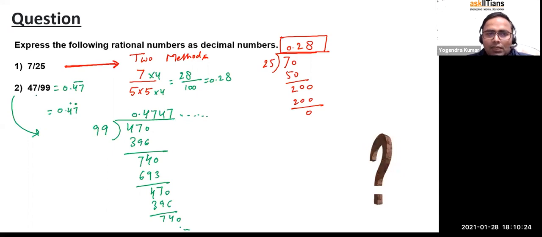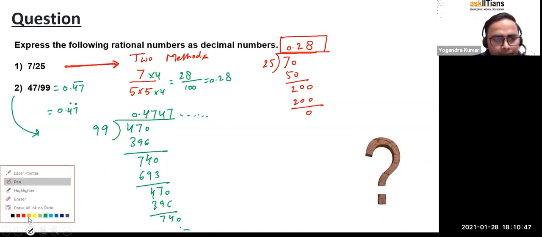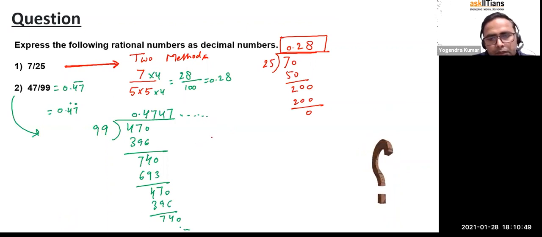Now, without doing long division, how can I identify? The question might be: without doing long division, how can I verify whether it is going to be terminating or non-terminating form? So we can write a note here, and it is a very, very important note.